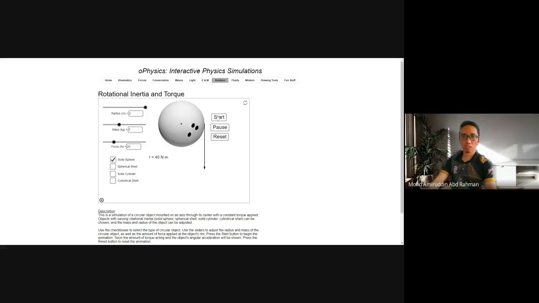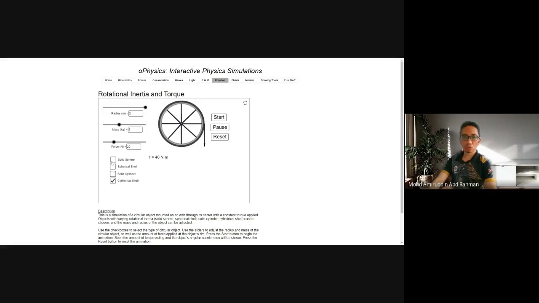You can see that this is a bowling ball, which is a solid sphere. You need to determine in which direction the solid ball is spinning, so you need to answer that. Then you need to repeat this question by changing over here: if you choose the spherical shell, the solid cylinder, and the cylindrical shell.